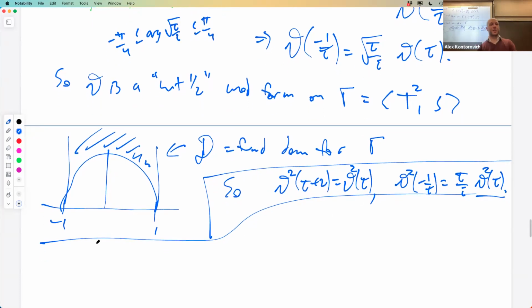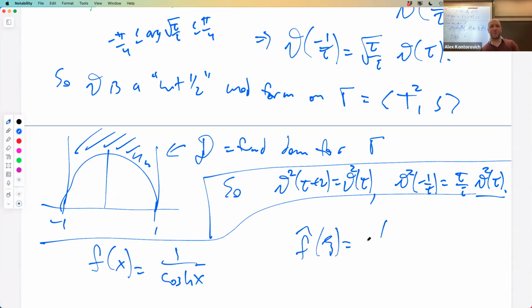There's another function which is its own Fourier transform. Anybody remember? We studied it week 3. Zero function is its own Fourier transform. The cosh function is its own Fourier transform. Okay, f hat of xi is 1 over cosh xi. Hopefully you remember that.